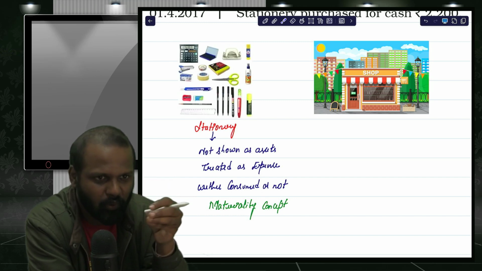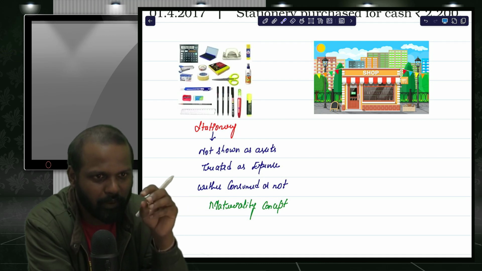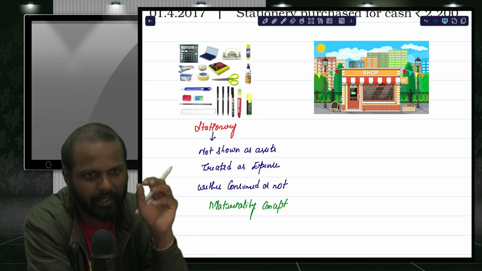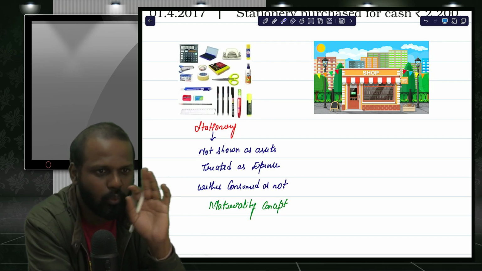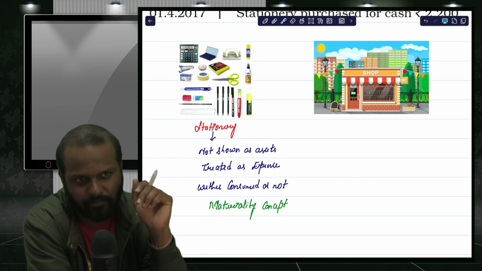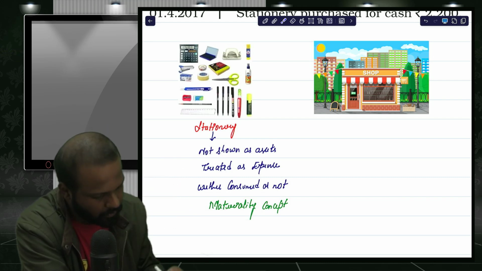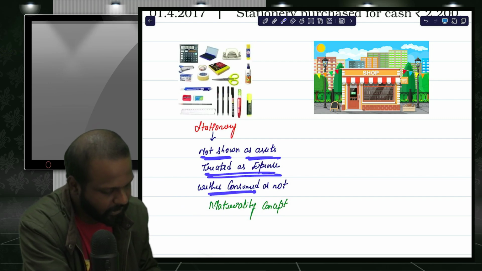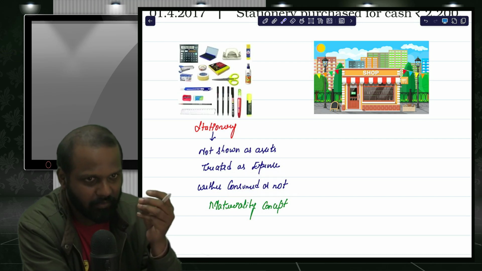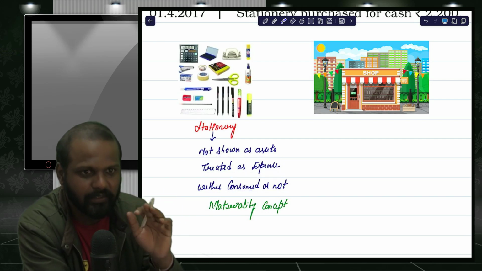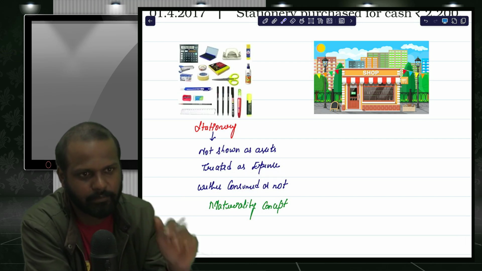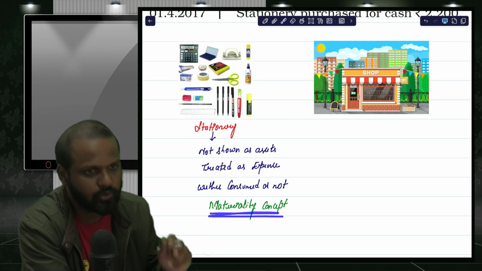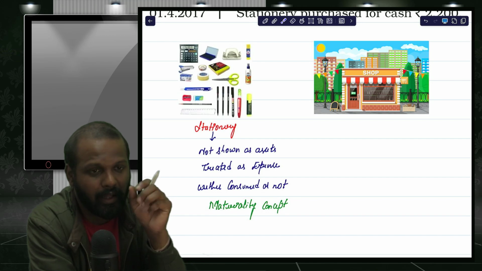So they say that for small things, even if it is unexpired cost, even if the amount is not fully consumed in the current year, you treat it as an expense only. You don't treat it as an asset, you treat it as an expense. Not shown as an asset, treated as an expense, whether consumed or not. Whether that full eraser or sharpener is consumed or not doesn't matter, you treat it as an expense. This is because of which concept? Materiality concept.